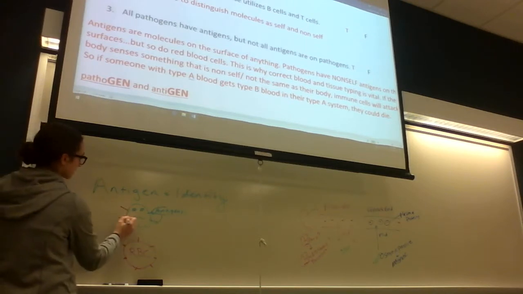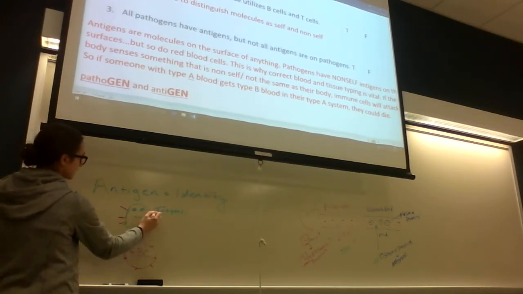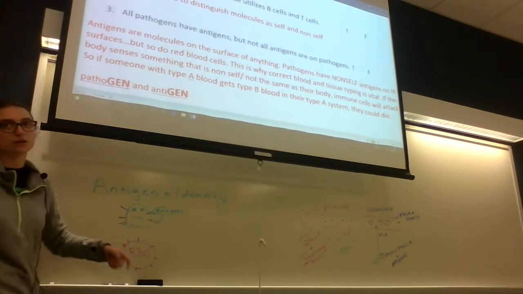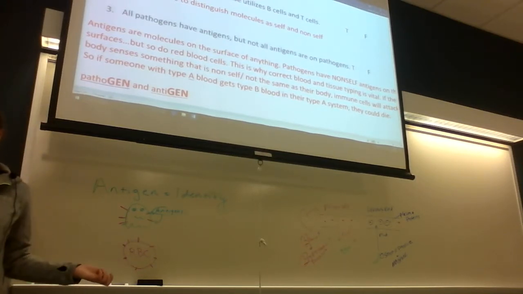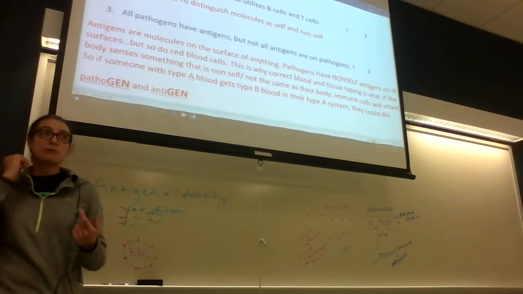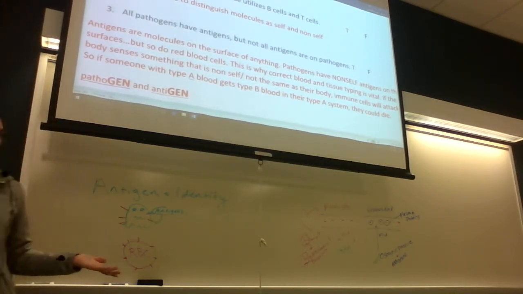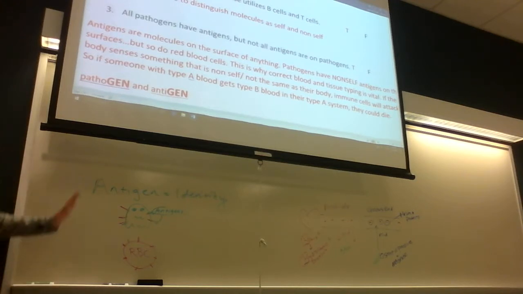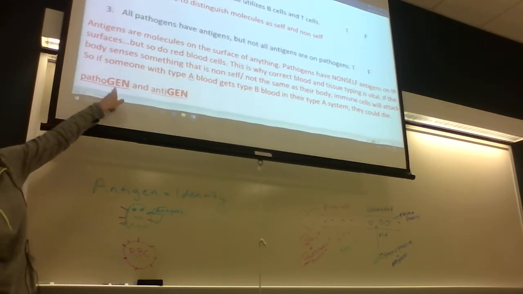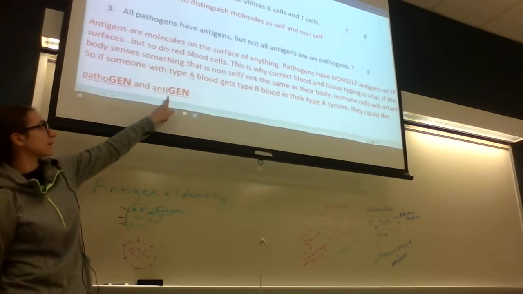All cells have these antigens on them, but not all antigens are actually pathogens. It could just be a red blood cell. Some people get this mixed up, but they'll be like, well, what about your blood? But as far as the immune system goes, whenever you see the word pathogen, it's talking about antigens.